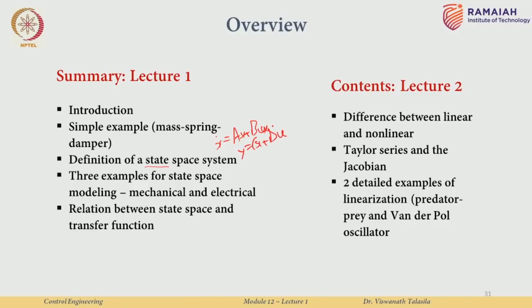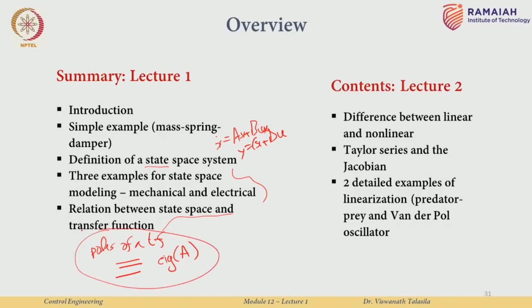Then we did a few examples of state space modeling, and then we derived the relationship between the state space and the transfer function. Crucially, we proved that the poles of a transfer function are exactly the same as the eigenvalues of the A matrix of the state space system. So this establishes that for linear systems the dynamics we are looking at in the state space and in the transfer function are exactly the same.